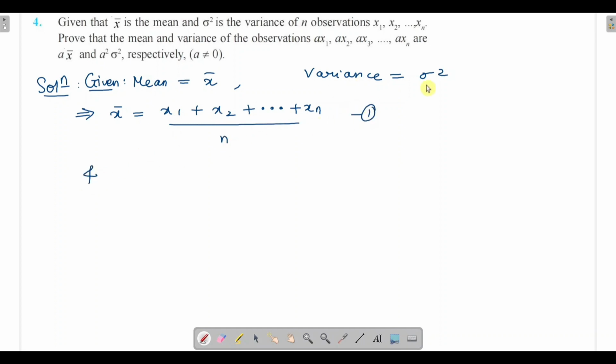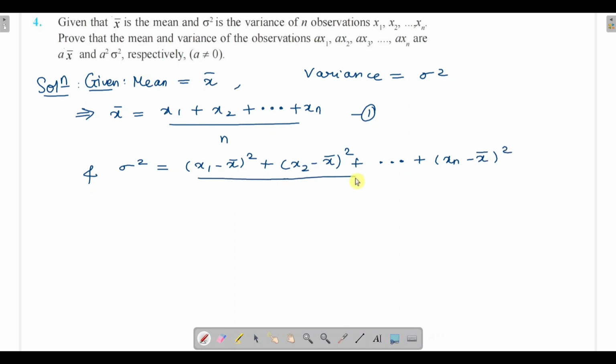And since variance is sigma square, sigma square will be equal to x1 minus x bar the whole square plus x2 minus x bar the whole square plus dot dot dot plus xn minus x bar the whole square divided by small n. Okay, this we will call it as 2.